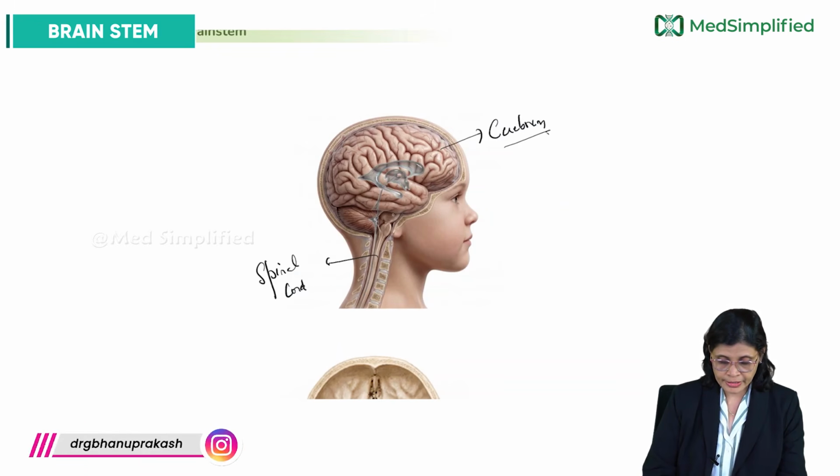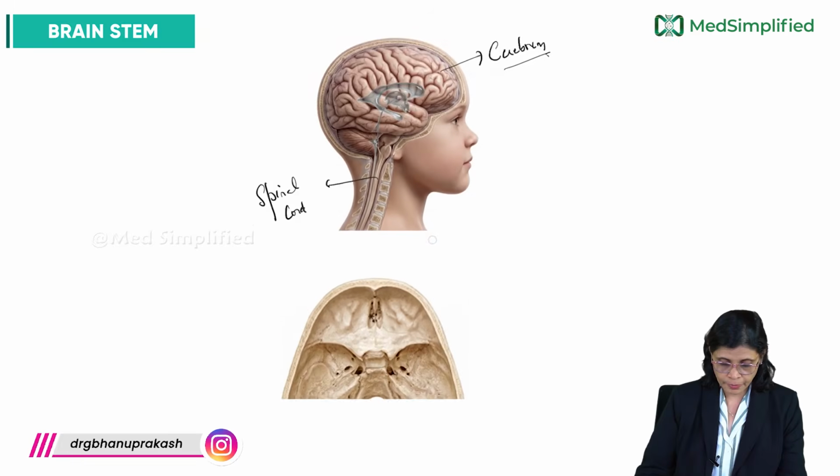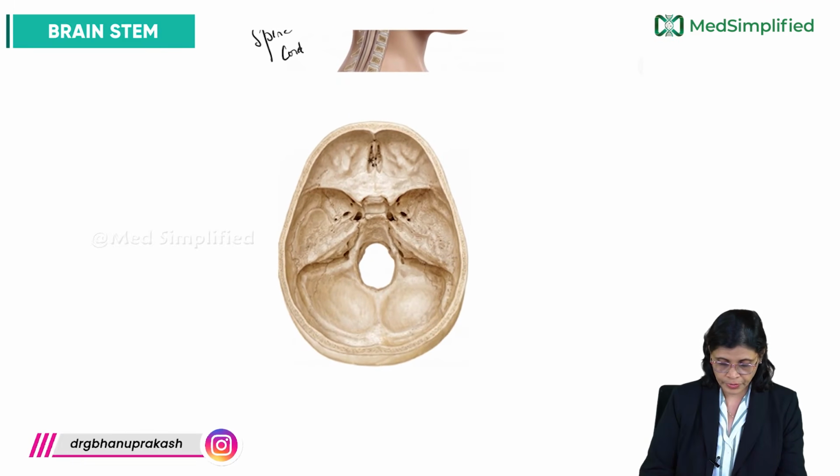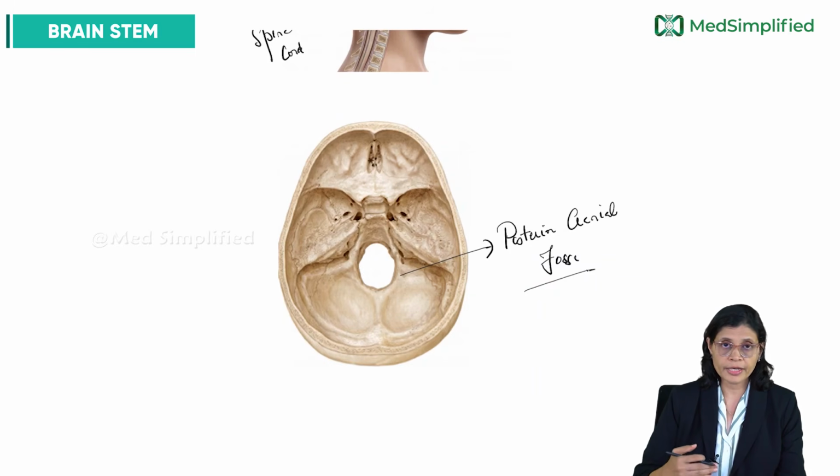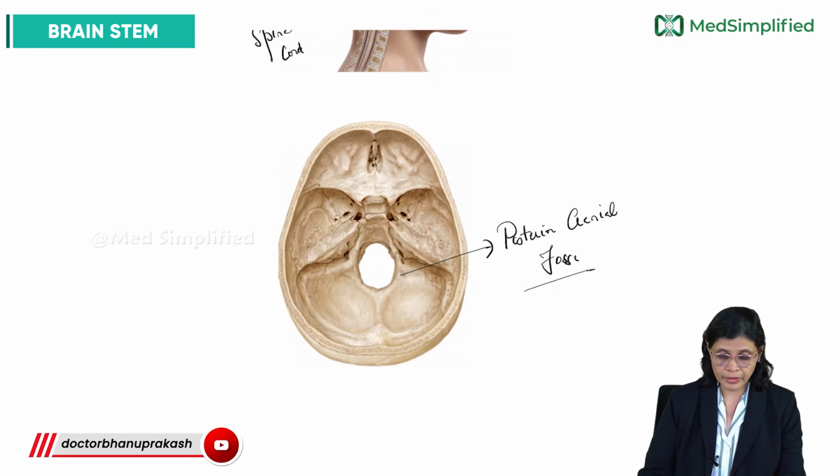So this brainstem is located in the posterior cranial fossa. The midbrain is continuous above with the cerebral hemispheres, whereas the medulla oblongata is continuous below with the spinal cord.